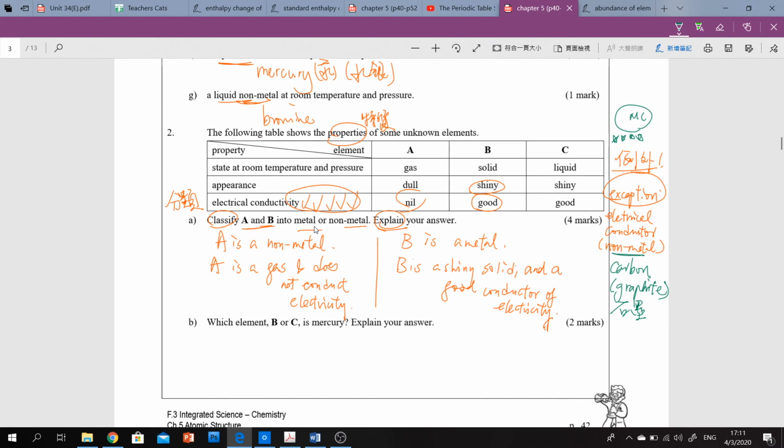How about B? Which element, B or C, is mercury? Explain your answer. B or C? C, that's right. Because C is liquid. There are not so many liquids in the world, but what's more, you may find that it conducts electricity. So this is the only criteria. So you may find that C is a liquid at room temperature and pressure.